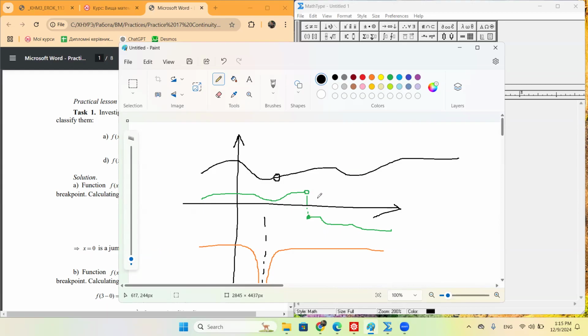For a function jump, they are not equal, but both of them are finite. Any questions for now?